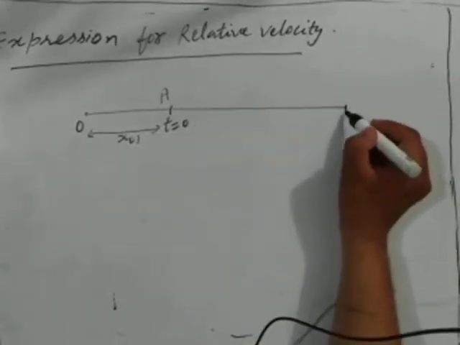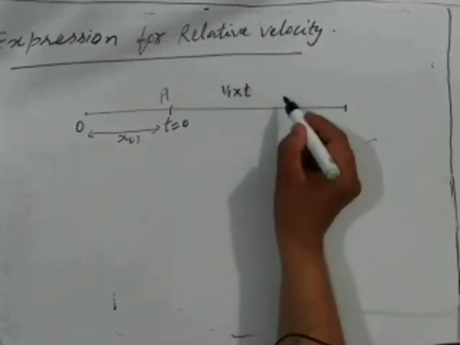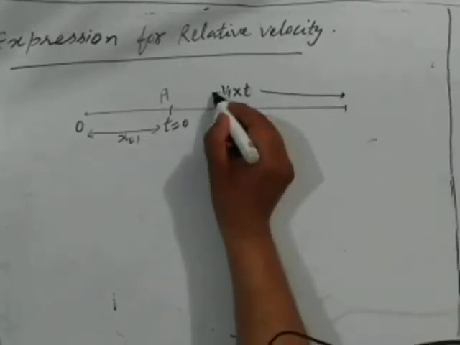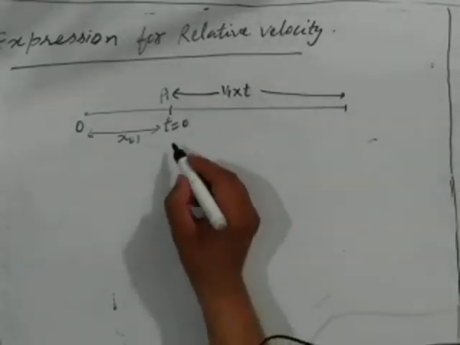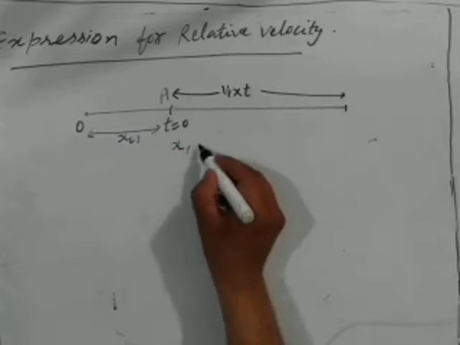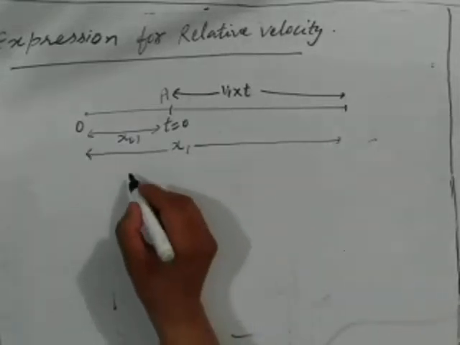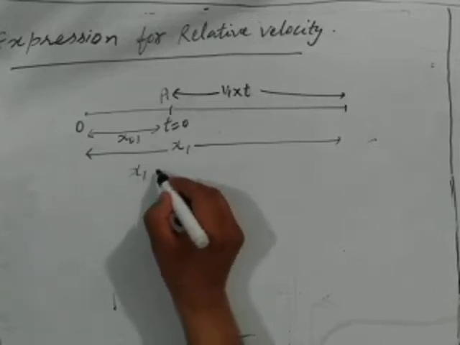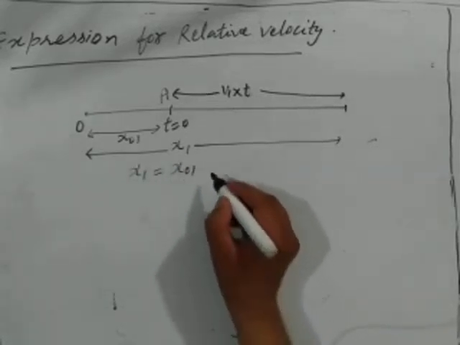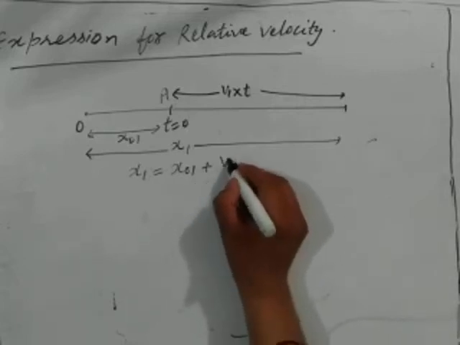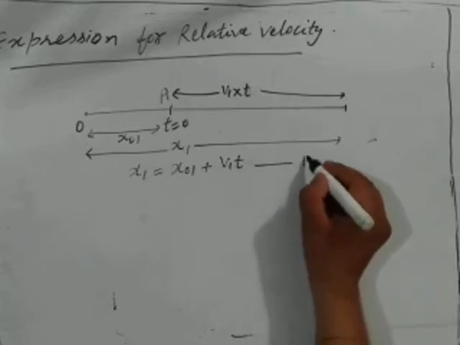Hence it will cover a distance of v1 into t in the time t. So if it is represented by x1, the complete distance from the origin, we can write x1 equal to x01 plus v1t. This can be written as equation number 1.